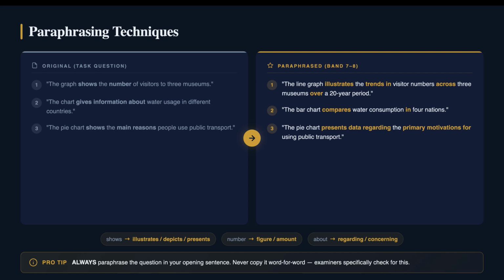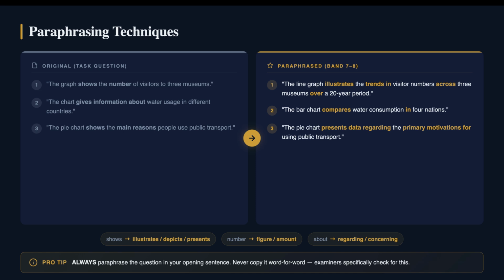Let's have a look at that. Number one: the graph shows the number of visitors to three museums. And when you look at the paraphrase for band 7 and 8, it says the line graph illustrates the trends in visitor numbers across three museums over a 20-year period.